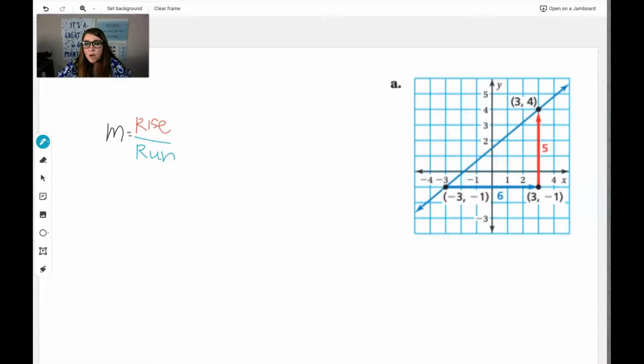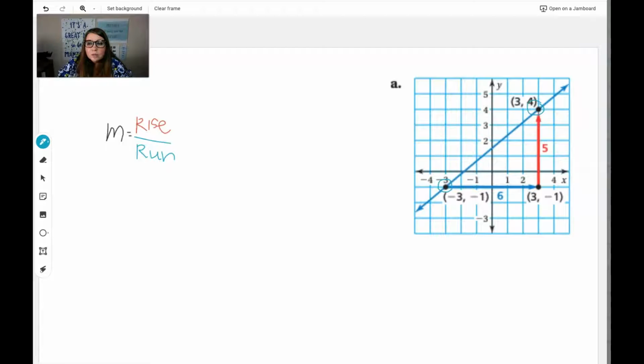So to get from one point to the other, I have to run and I have to rise. So let's look at how we get from one point to the other. To get from this point here to this point here, I have to move ahead, and then I have to go up. But how many places do I move over and up?